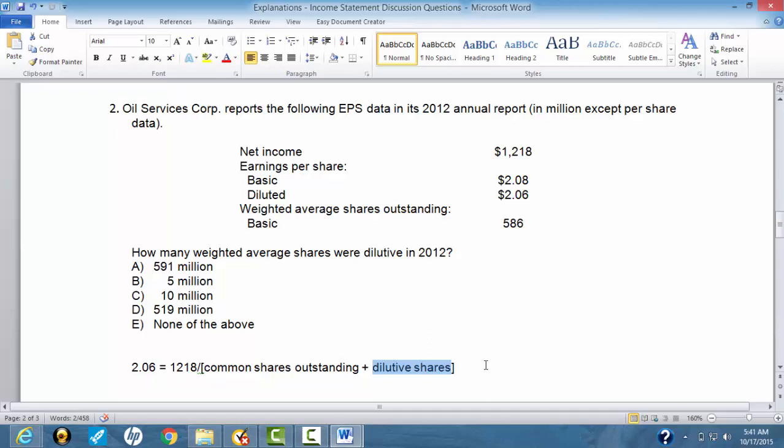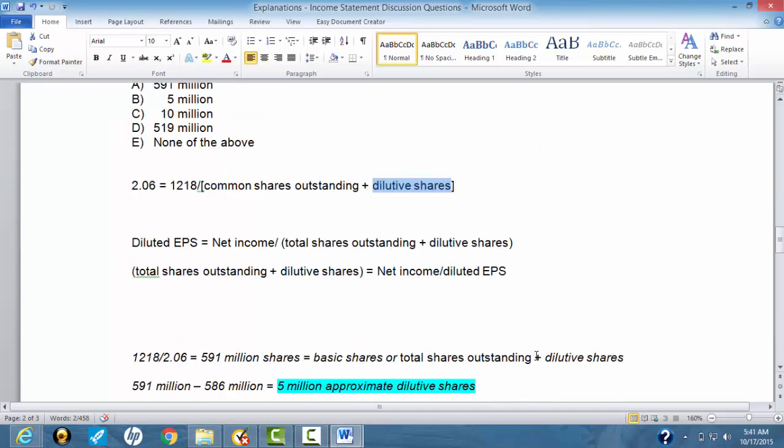Now, based on the formula we have here, when we divide 1218 by 2.06, we will get the total for the common shares outstanding and the dilutive shares outstanding.